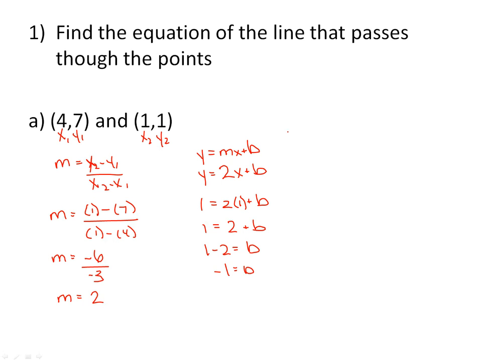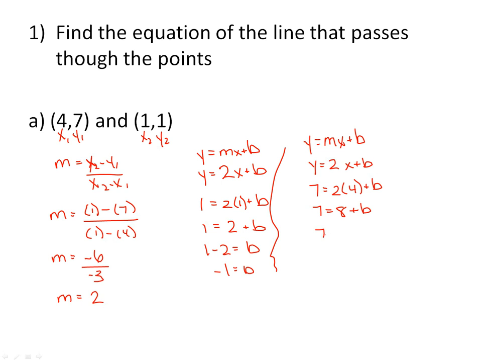And just to prove a point, I'm going to show you that if I had chosen my other point, I should get the same value. So my slope is still 2, 2x plus b, and my other point is (4, 7). So 7 is my y value, my x value is 4, so 7 equals 8 plus b.